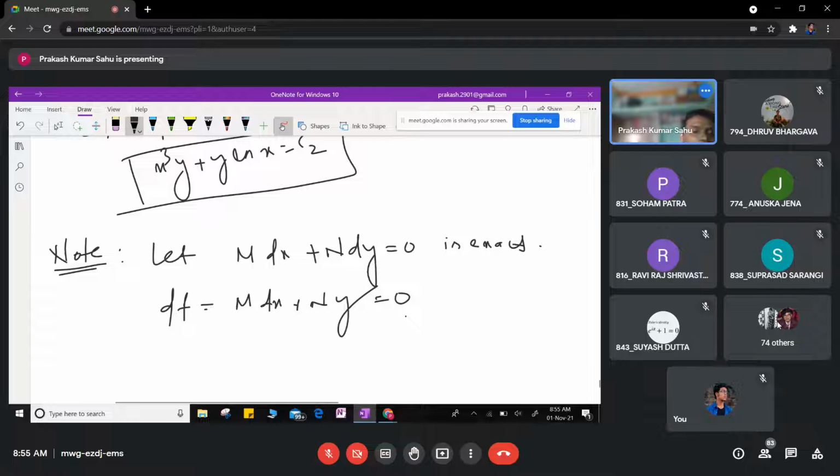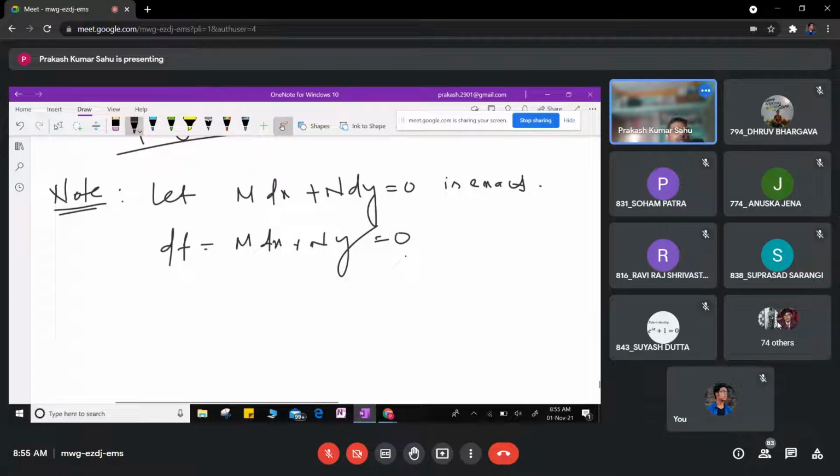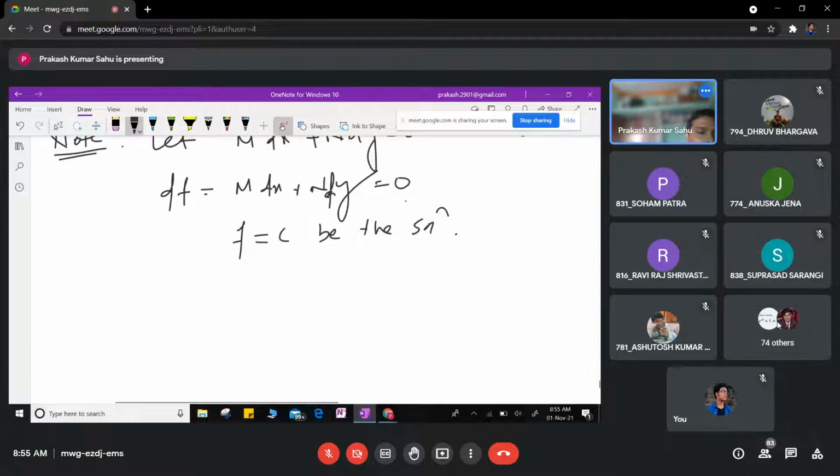And f is equal to, sorry, n dy. So m dx plus n dy is equal to 0, and your f is equal to c is the solution. Okay. And what is f? Your f we can find, this is integration of m dx plus integration of n dy.